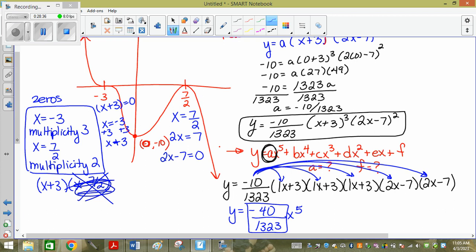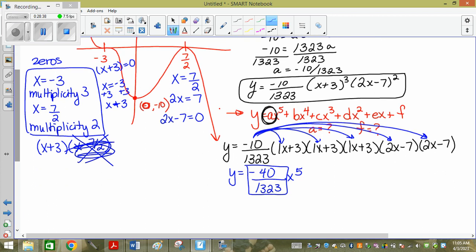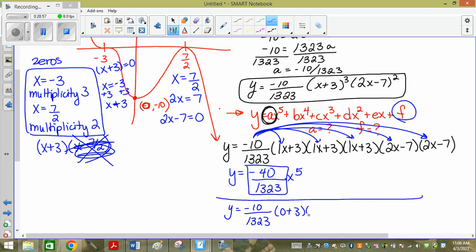Now, if I want f, some people will go to their calculator and find it. Cool. You can do that if it's a multiple choice numeric response. But if it says determine a and f algebraically, you have to show the work. Okay? So we get y equals negative 10 over 1,323, (0 plus 3), (0 plus 3), (0 plus 3), and technically (2 times 0 minus 7), (2 times 0 minus 7).